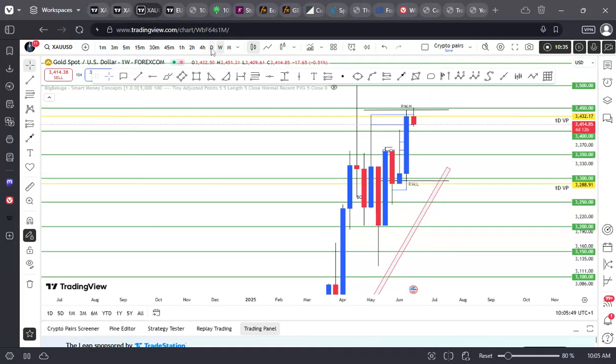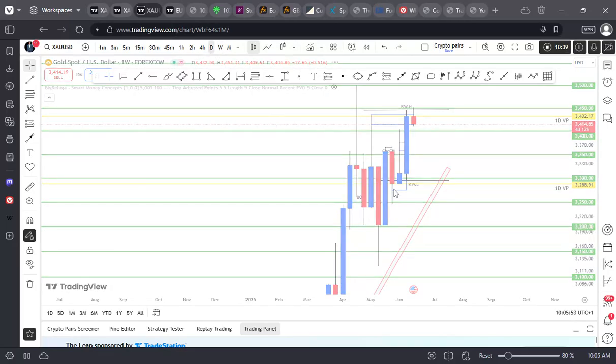With that in mind, we go to the daily time frame to mark the daily demand and supply, as well as the prevailing trend on the daily time frame.